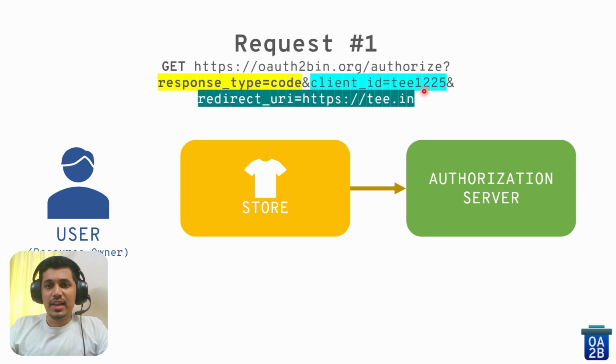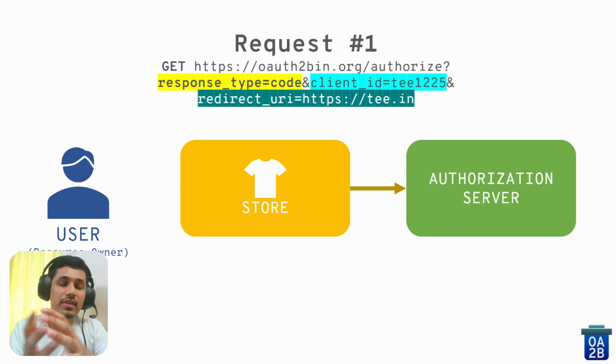The next is client ID equals something. So when the t-shirt store is building their website and they decide that they want to let their users sign in with this third-party service, they would have to actually code all of that up.